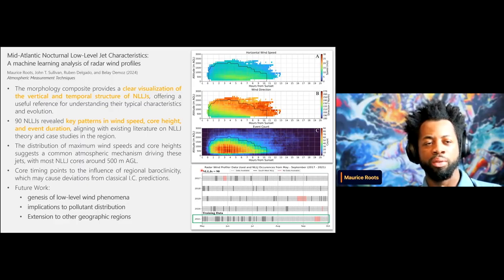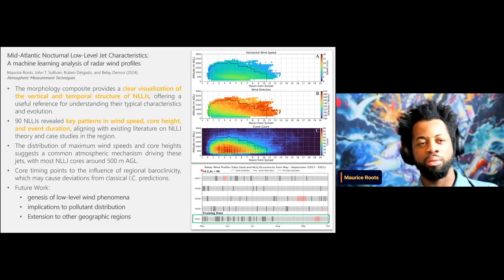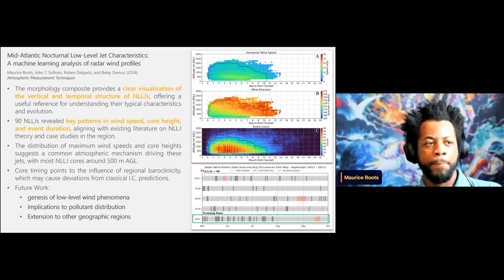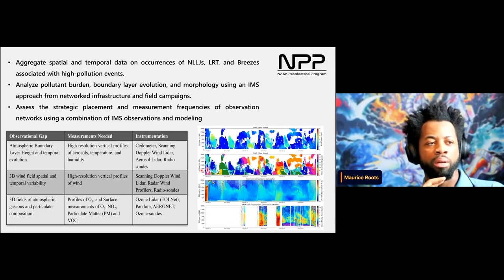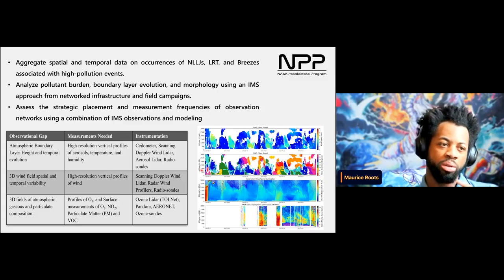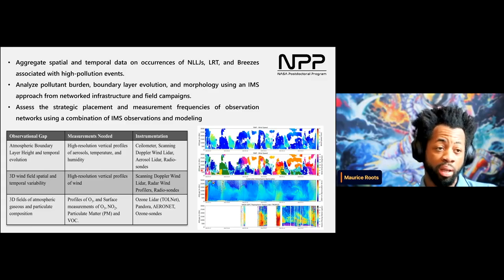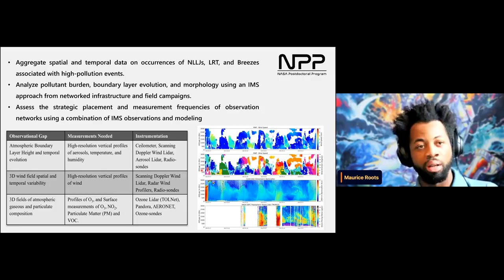This is the typical low-level jet you can expect from the mid-Atlantic region if you're looking at vertical wind profiles over time. And then this is what I'm working on right now, which is taking that same idea and broadening it to the data sets that we have available and that we've recently come to have as a long-term record of these kinds of profiles along with the surface networks.